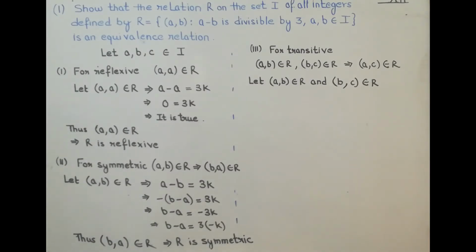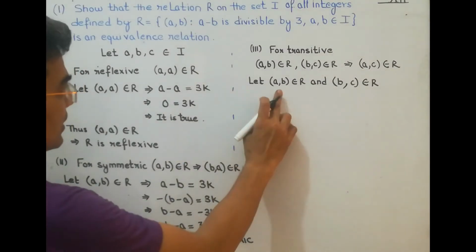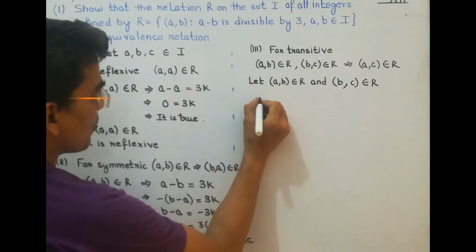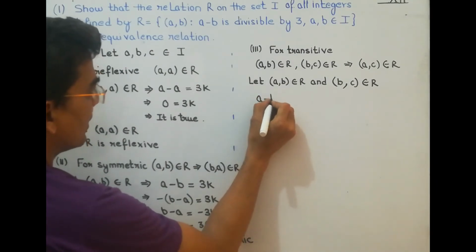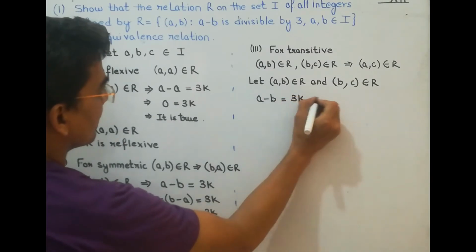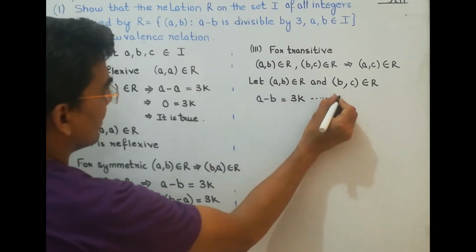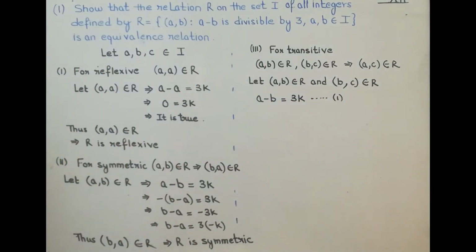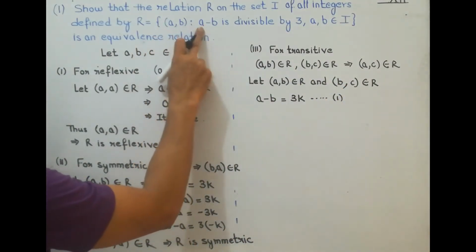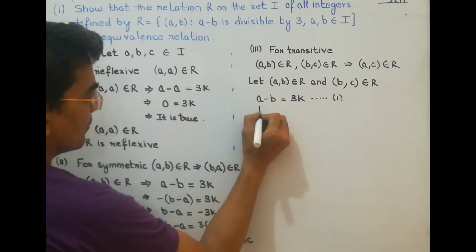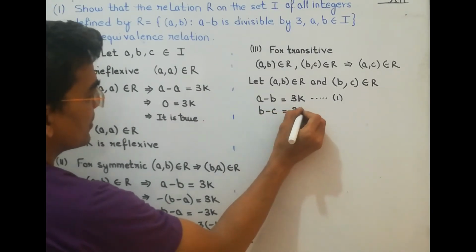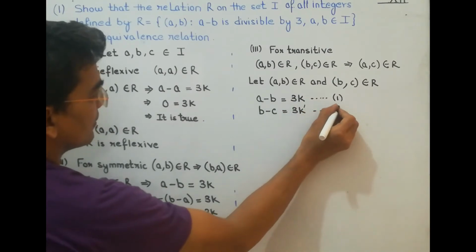We have considered that they both are belonging to R. Now if (a, b) belongs to R, then a minus b is equal to 3k, we get this relation. And for (b, c), you will get b minus c is equal to 3 times, let it be k dash.